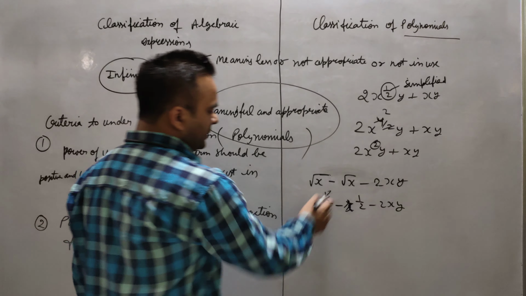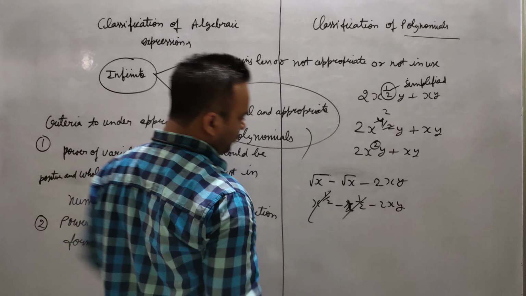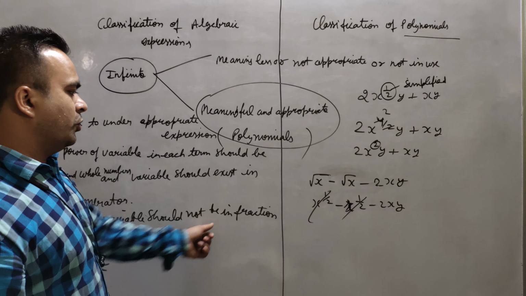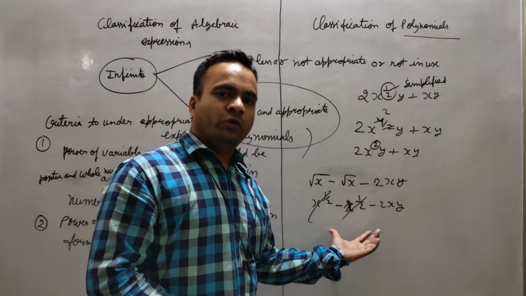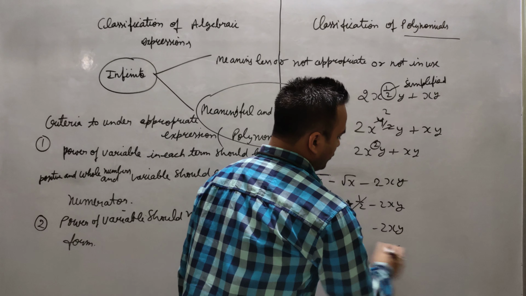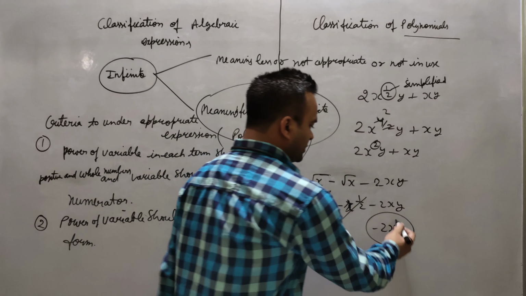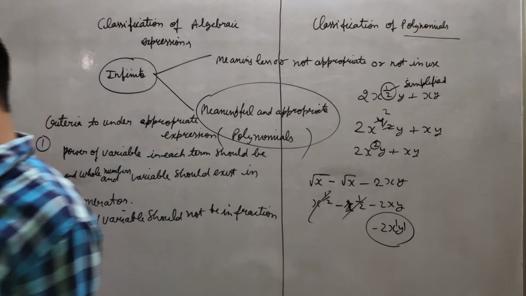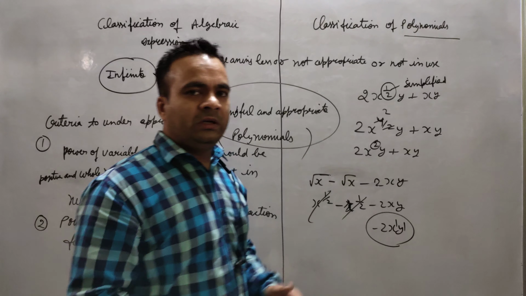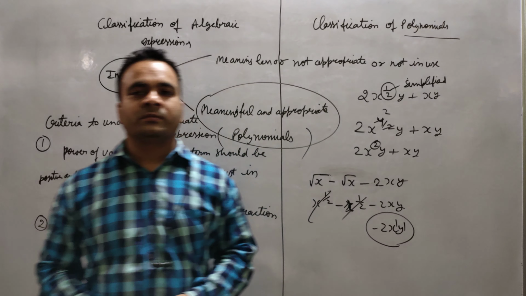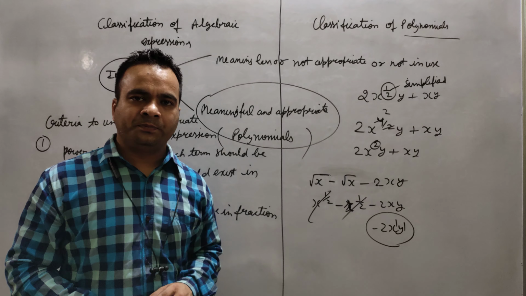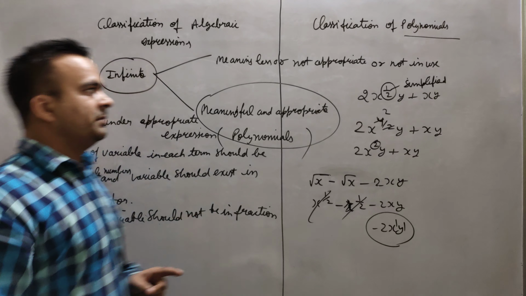Now after simplification you will see that both are cancelled, because if you see the power of x here, 1 upon 2, on the basis of fraction form it is not a polynomial. But if you see they both are cancelled, actually it is 2 minus 2xy only, and minus 2xy contains both variables positive. So on the basis of this, it is a polynomial. So after simplification only you can decide. Before that, don't try to make any type of decision, right? This is the first step.